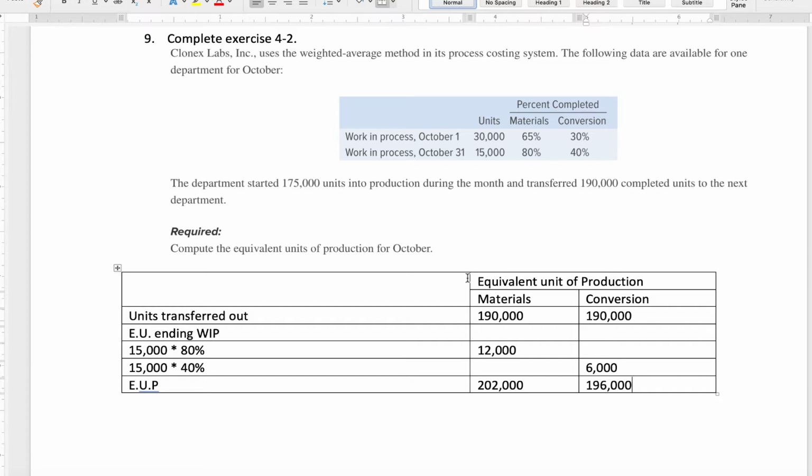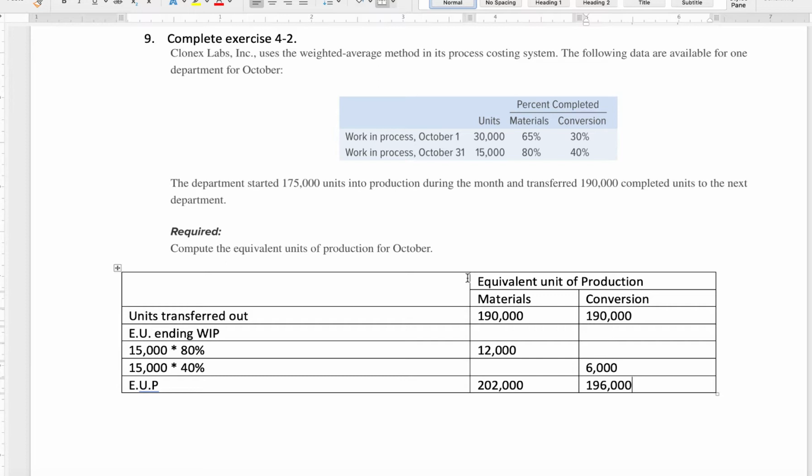Okay? Again, make sure you know the parts to calculating the equivalent unit of production, which is step one. First thing I got to do is figure out how many units were transferred out. If they were transferred out, that means they have to be 100% complete. That's number one. Number two, I need to calculate the equivalent units in ending WIP.